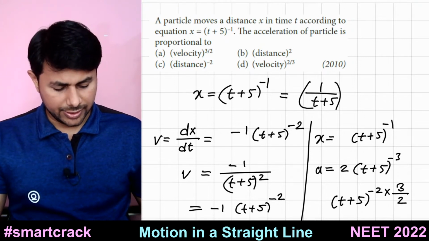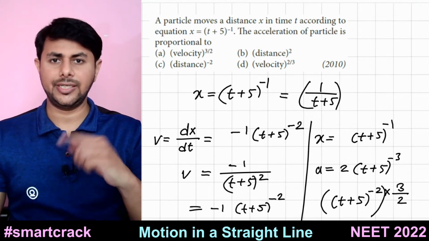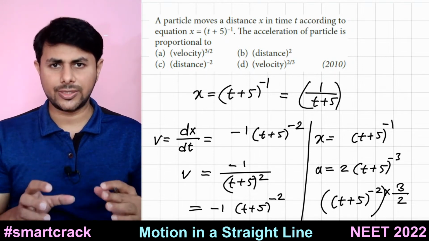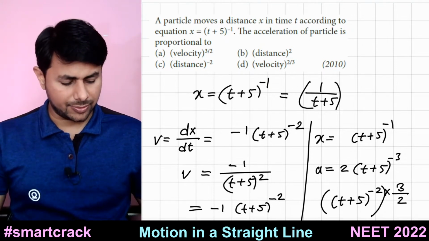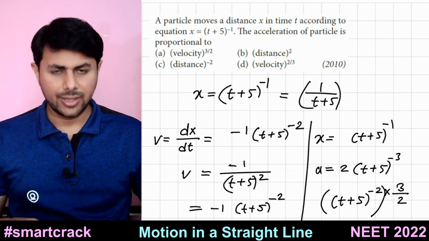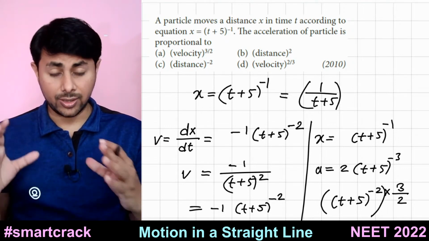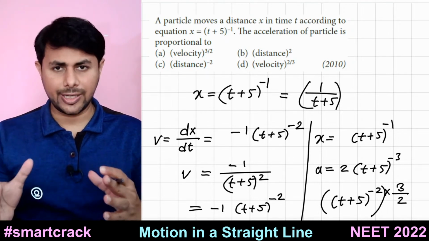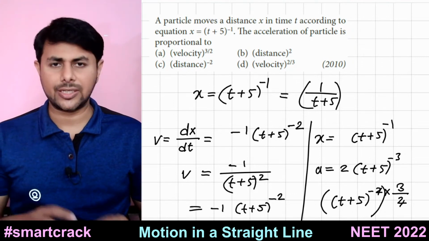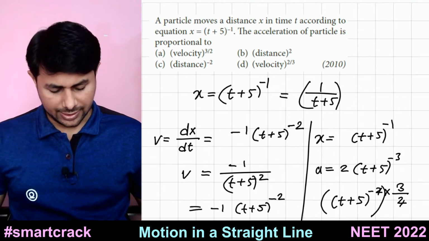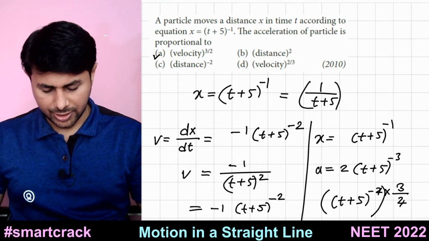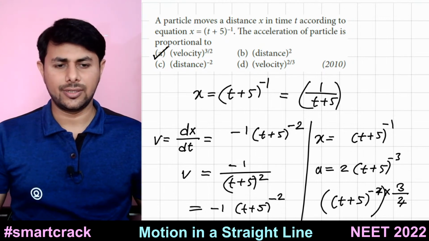Okay, so it is velocity raised to the power what? 3 by 2. It is proportional to velocity to the power 3 by 2, because if we raise the formula of velocity to the power 3 by 2, what do we get? This 2 and 2 get cancelled, so we get (t plus 5) raised to minus 3, right? And that's our acceleration. So which option? Option A is the correct answer.